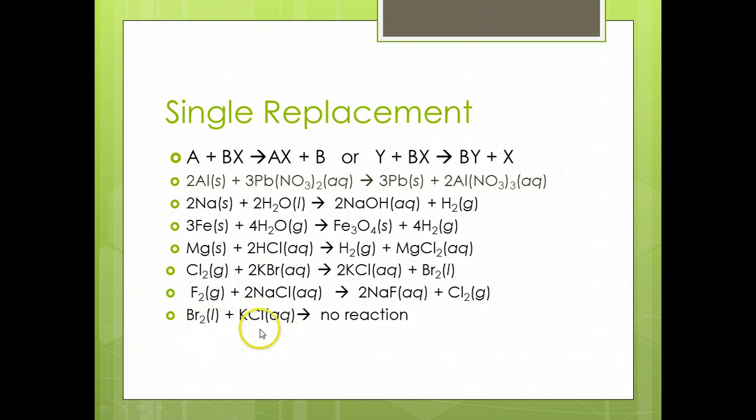And in this last case, you'll notice I could replace chlorine with bromine in this compound, and I got a reaction take place. But here, if I would try to replace chlorine with bromine, bromine is not as reactive as chlorine, and therefore no reaction will occur. And you'll get to figure out how those work.